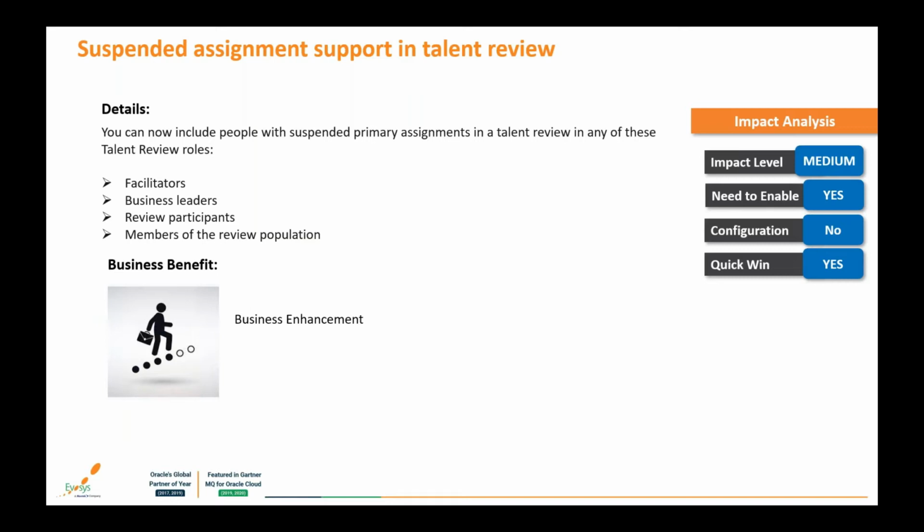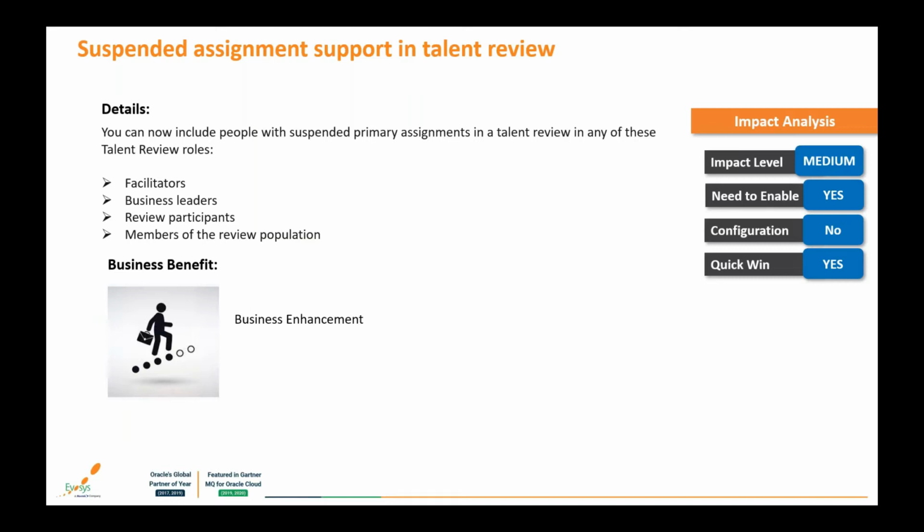So consider a case where a manager has to travel globally to a different location for a temporary tenure of, say, 1 or 2 months. What will happen to the old assignment? It will be in the suspended status. And the new assignment that he is taking up globally in a different location becomes the primary active assignment.